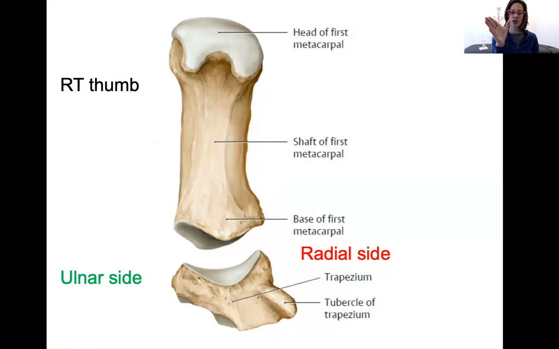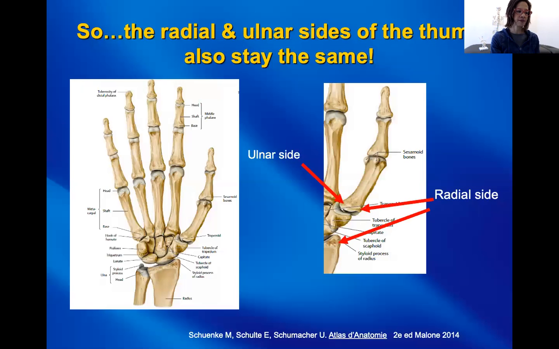So no matter which way I've got my thumb in reference to my hand, this will still always be the dorsal surface, and this will still always be the palmar surface. In which case, this side will always be the radial side of my thumb, and this side will always be the ulnar side of my thumb. So the radial and ulnar sides of the thumb also stay the same, no matter which way I place it.